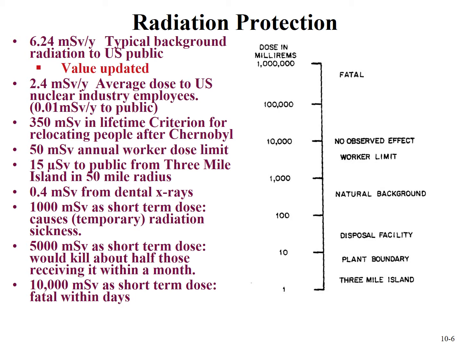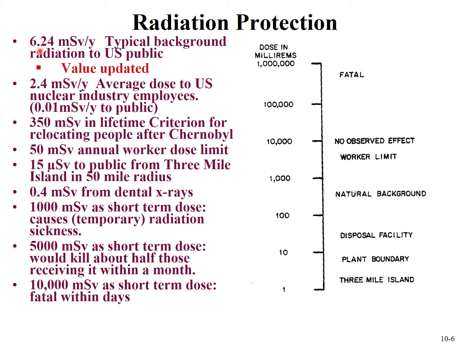Right. Here's some data on some typical radiation levels. Typical background radiation, this is an updated value, is around 6.24 millisieverts per year for the typical US public. That would be 624 millirem per year, again 2 orders of magnitude. And then here's some other data for consideration.